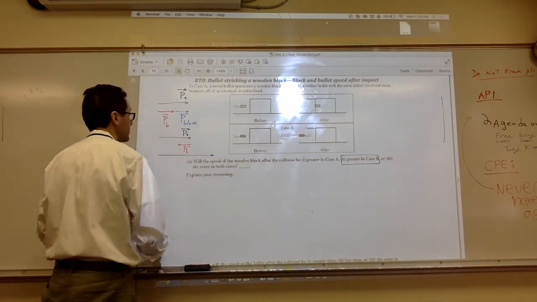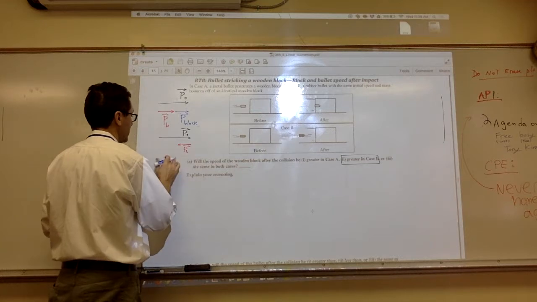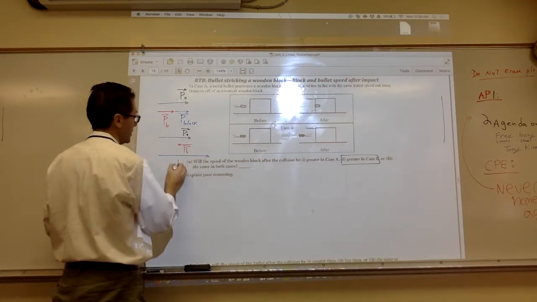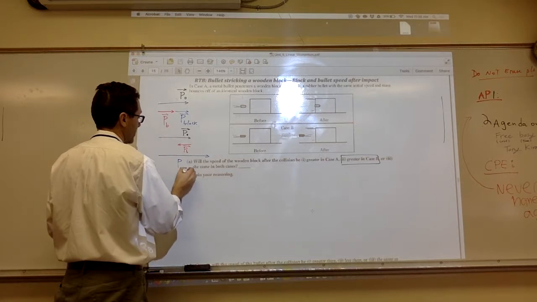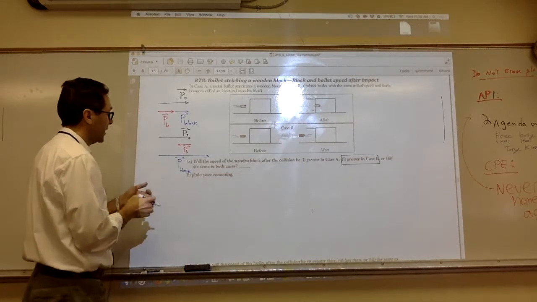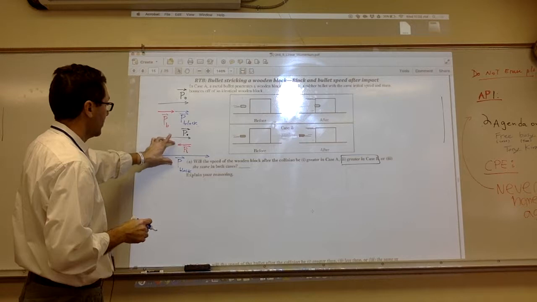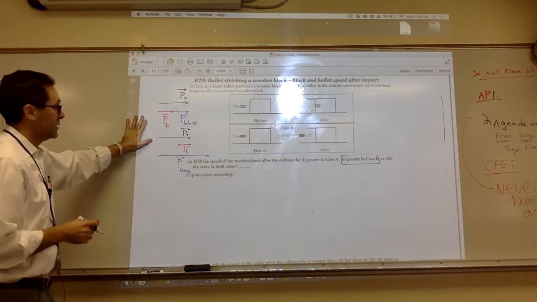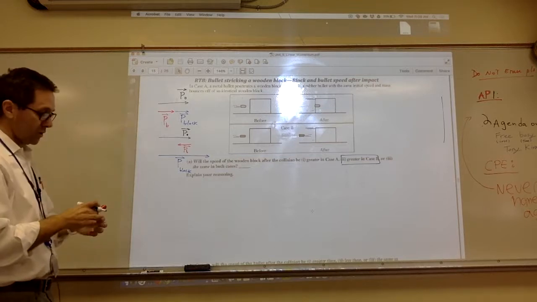It has to be bigger by this much. So this is P for the block. So if I combine the two arrows, the red and the blue arrow, I should end up with the black one. I think this is a little trickier of an explanation.